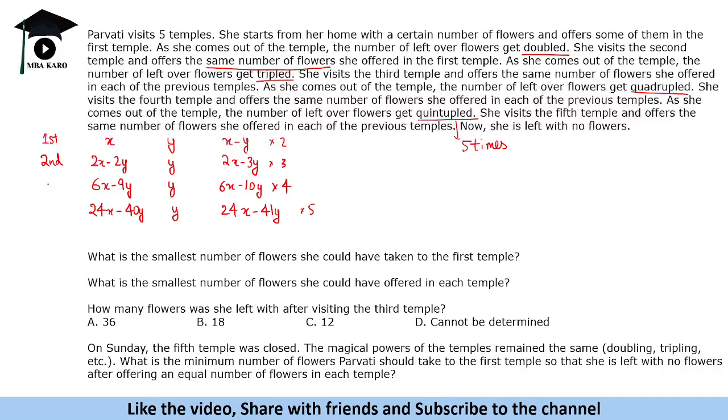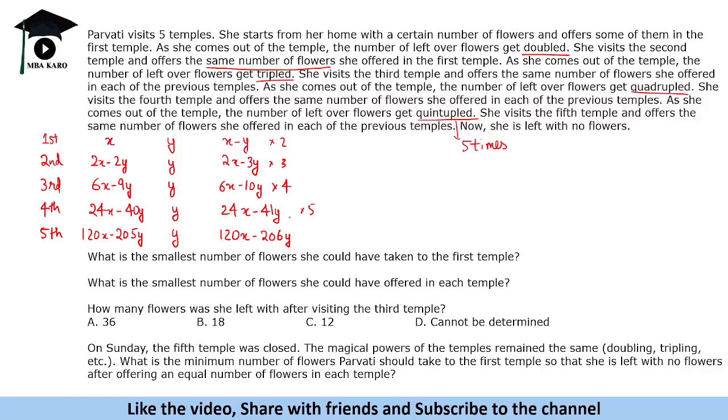Okay, now we are given that this number becomes 5 times. So now when she visits the fifth temple, the flowers are 120x minus 205y, and she offers y flowers. Now the number of flowers is 120x minus 206y.